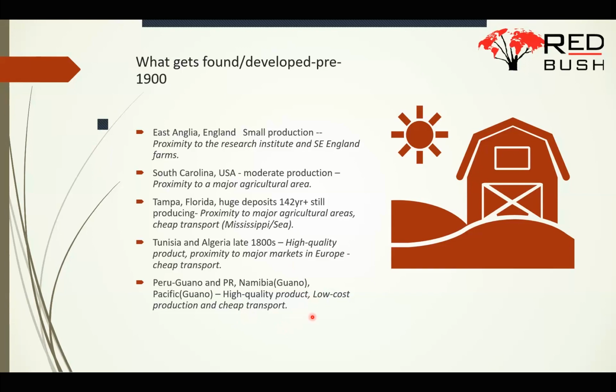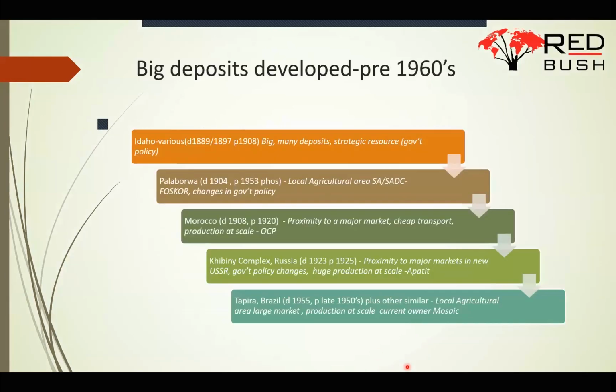So Peru, and you also have the nitrates from Chile, which is part of the same system. So yeah, Europe is getting guano from Namibia in the 1800s as well. So for these, the combination of proximity and cheap transport are the main triggers, and that's what keeps them going.